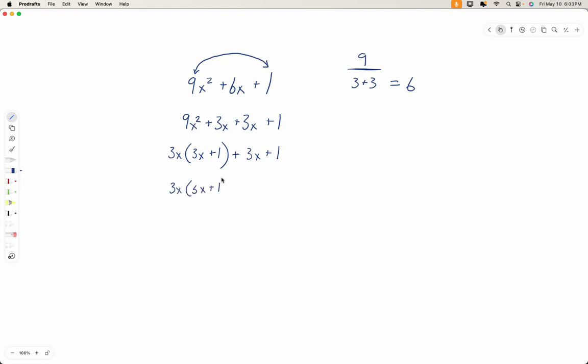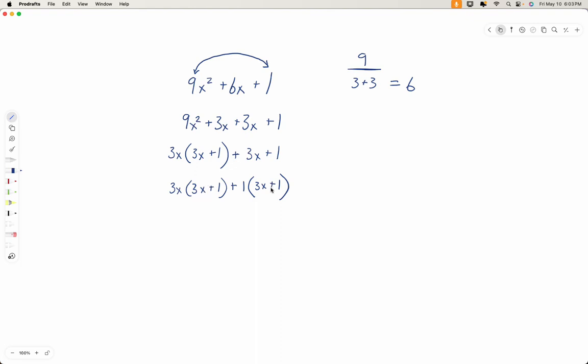3x plus 1, plus 1 times (3x plus 1). When there is nothing in common, you just group it together and put a 1 in front of it. You're just multiplying it by a positive 1. But look what happens when you do that. You have identical factors here, right?